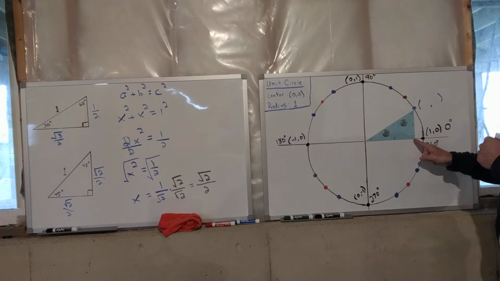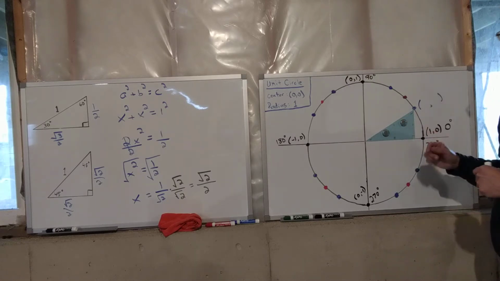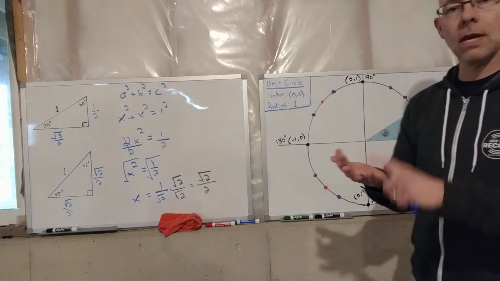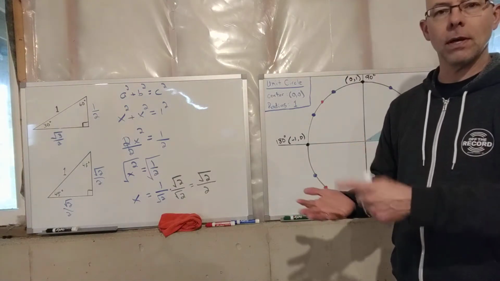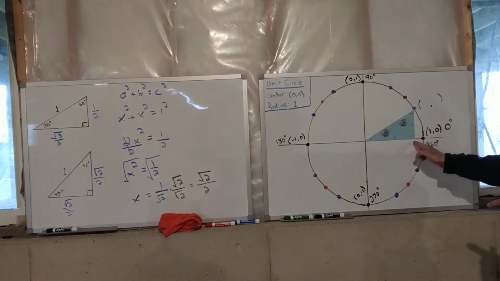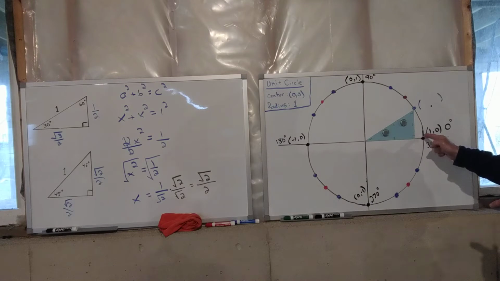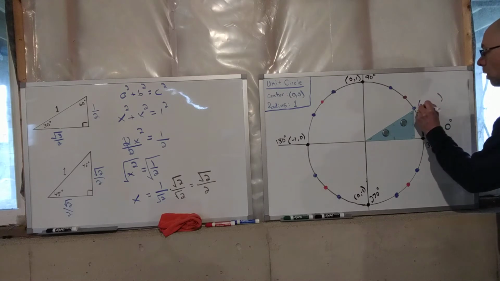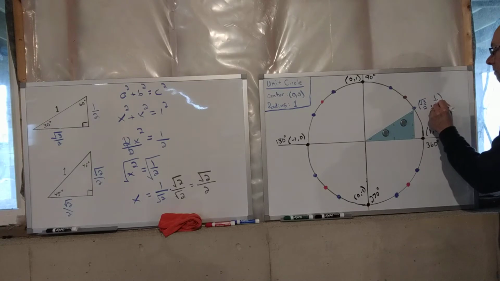Square root of 3 over 2 to the right, 1/2 up, because these are lengths of the sides. And I didn't mention this yesterday, but if you check out what square root of 3 divided by 2 is decimal-wise, it's 0.866. So look how far this is over. That's 1. That's 0.866. That makes good sense. So this is square root of 3 over 2 to the right, 1/2 up.